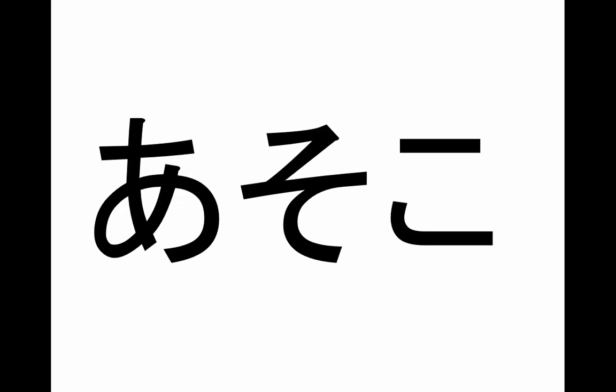Now the third set, the ones that end in ko sounds, are location. So koko is here, this place. Soko, there, that place near you. Asoko, that place over there somewhere. And asoko can be places that are within sight or beyond sight, either one.